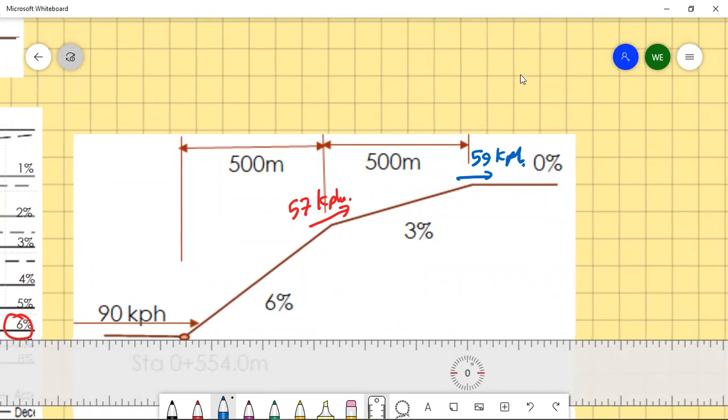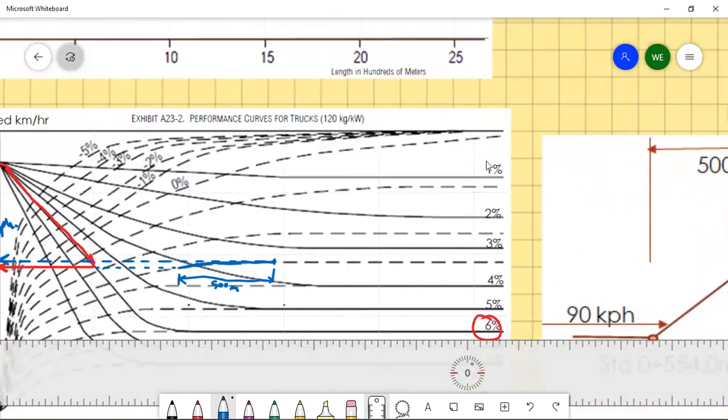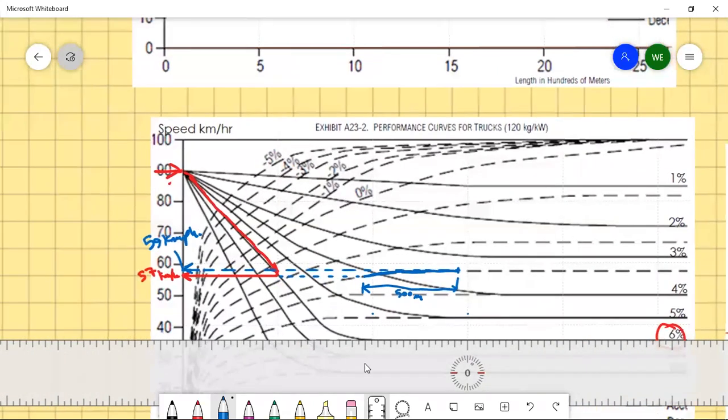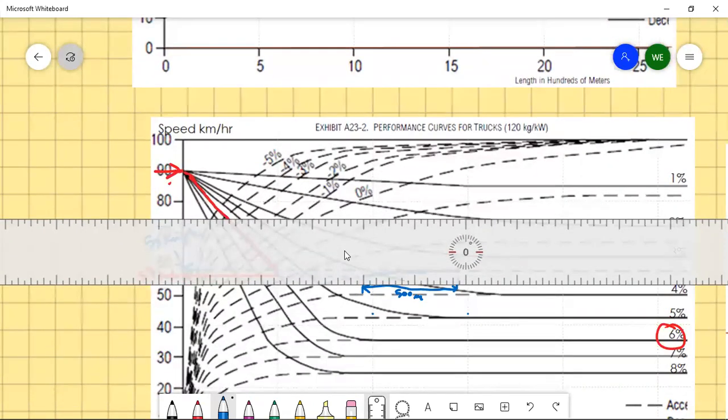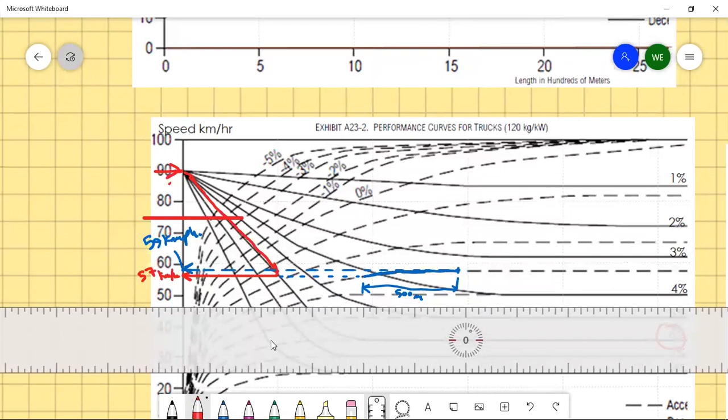Okay, now we want to identify where we will need the climbing lane to start. We need first to draw a line here at 75 kilometers per hour. That means after driving on the grade for this distance, the speed will drop right here to 75 kilometers per hour.